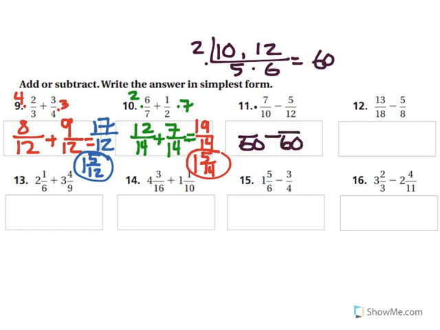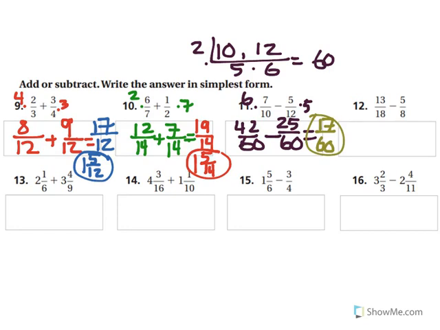So I'm going to multiply the 10 and the 7 both by 6, which gives me 42. And then we'll multiply 5 by 5, because 12 times 5 is 60, gives me 25. If I have 45 minus 25, I have 20. I have 3 less, so it's 17. So I have 17 over 60. And that is all she wrote for that problem.